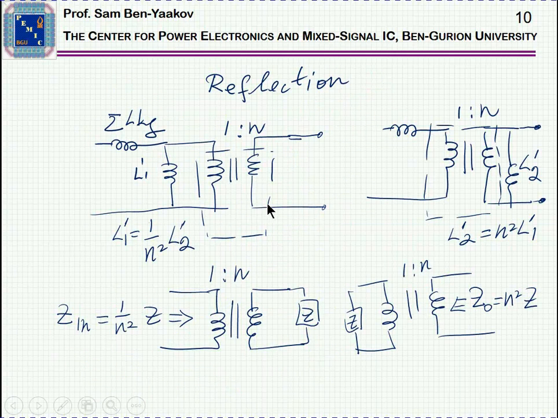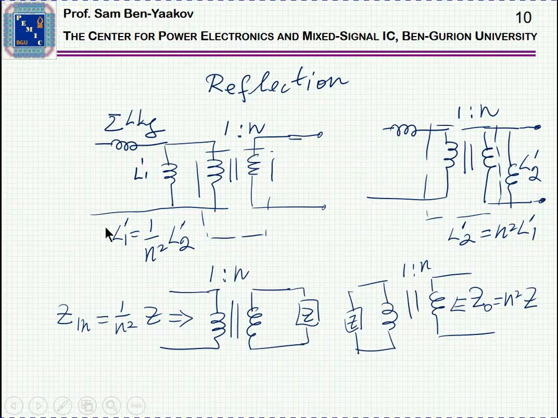Now we can do reflection between primary and secondary. We can reflect the input to the output, etc. And the rules for reflections are that when you have an impedance Z at the secondary side, with a 1 to n turns ratio, then the impedance you see here is 1 over n squared times Z. And here, if you look at the secondary, there is the impedance here, then you see n squared times Z. So therefore you can move this leakage inductance to the secondary if you wish, or you can move this inductance to the secondary if you wish.